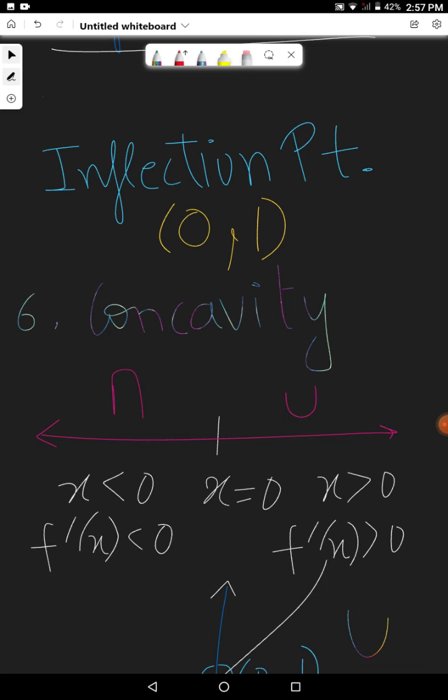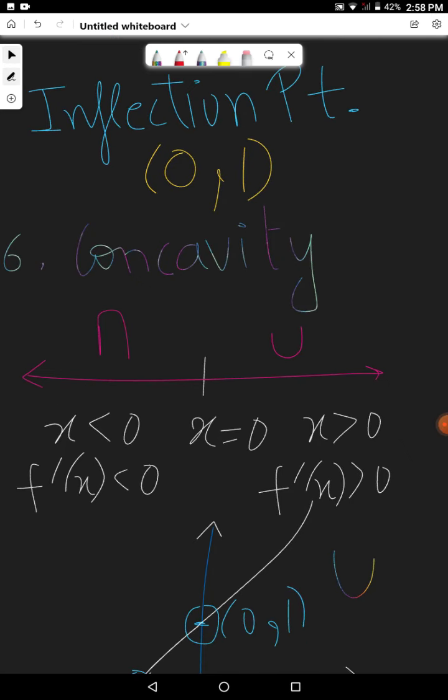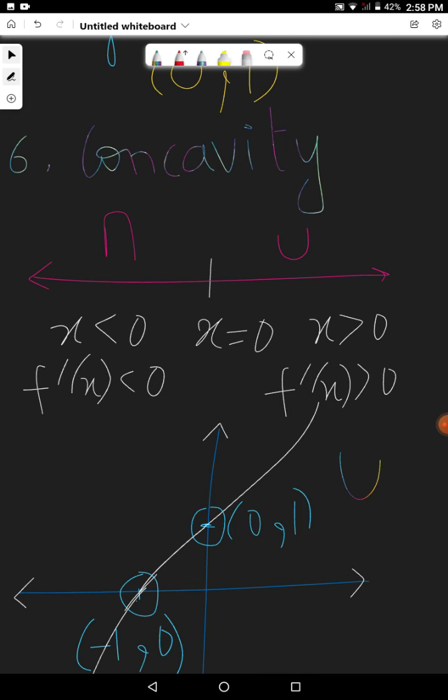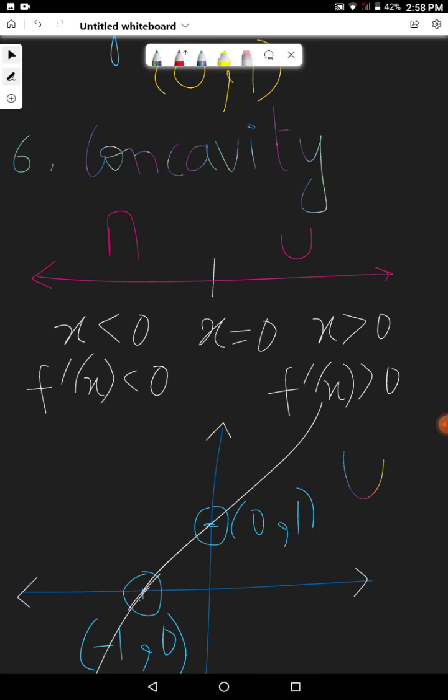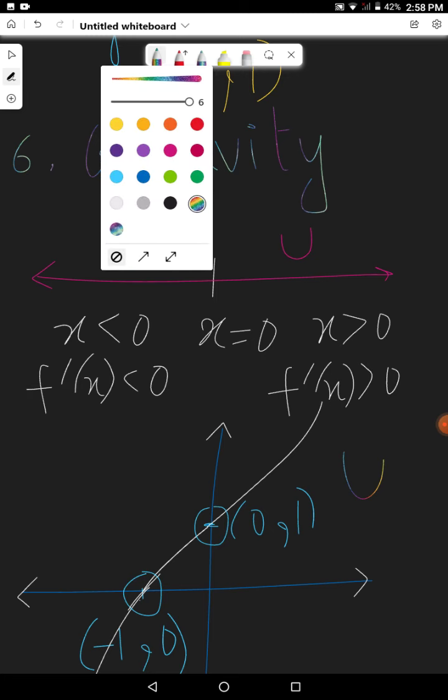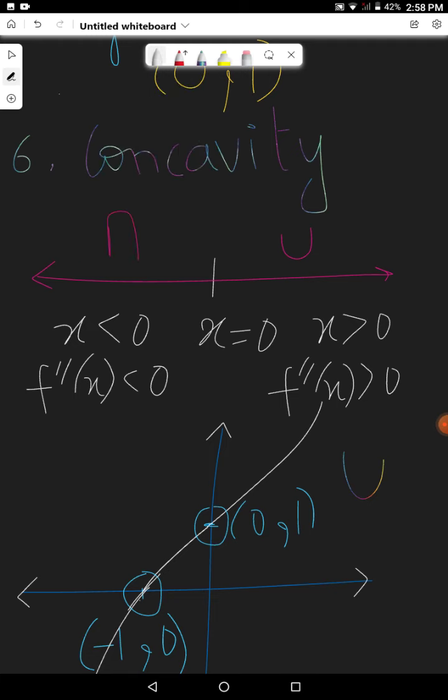Then the sixth one is concavity. Okay, so in this, let me tell you the concept. What we see is, we consider the sign of f dash x and f double dash x. We consider the sign of f dash x in order to know where the curve is increasing and where it is decreasing.